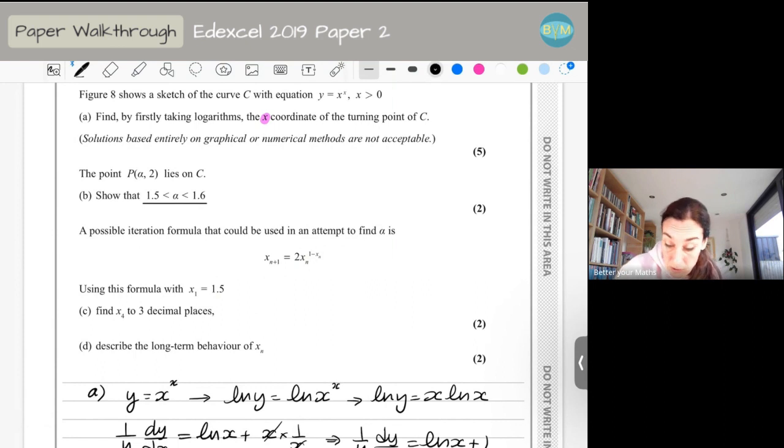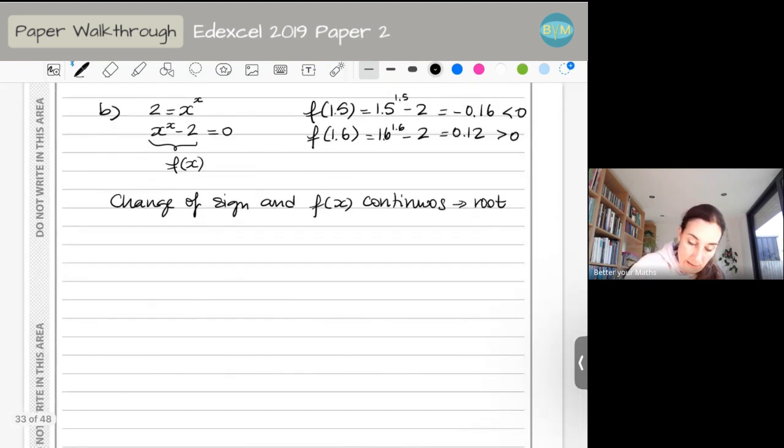So in the calculator, after 1.5 you type 2 times ans to the power of ans. When you click equal, this is x1, you get x2.